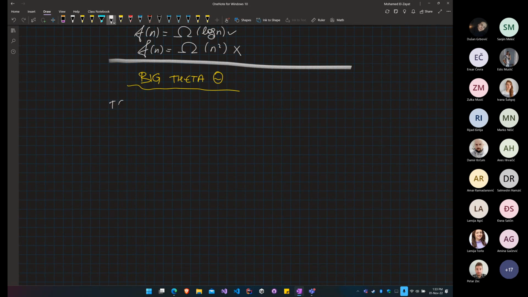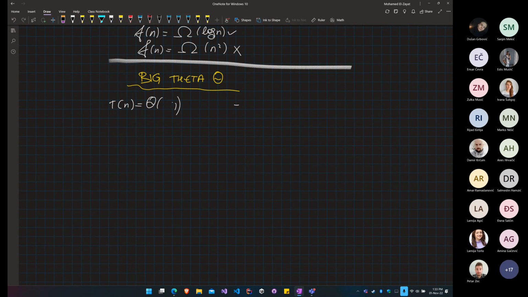By definition, if you have an input T of n, it's going to have an asymptotic notation big theta f of n.